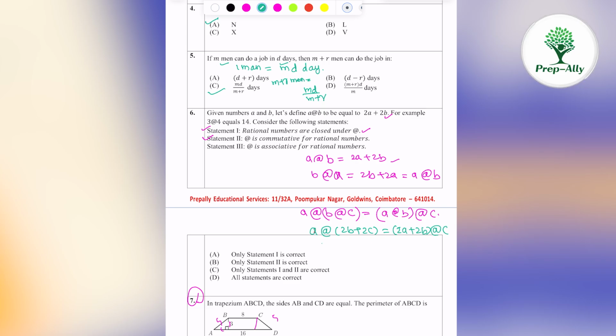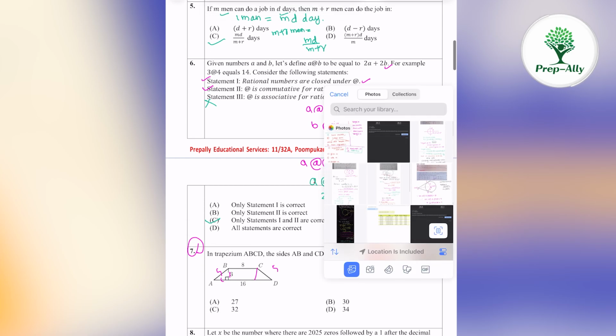By using the definition again, we get 2a plus 4b plus 4c, and this one is 4a plus 4b plus 2c. But these two terms are not equal, so the third statement is not true. So basically only the first and second statements are true. So option C is the answer here.